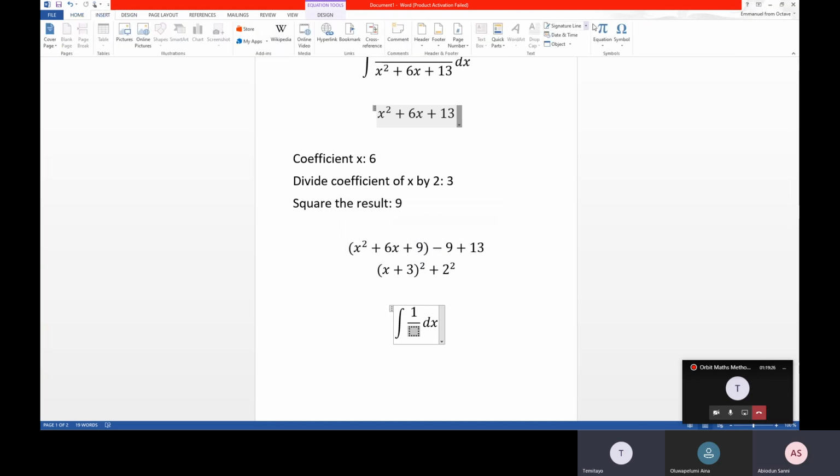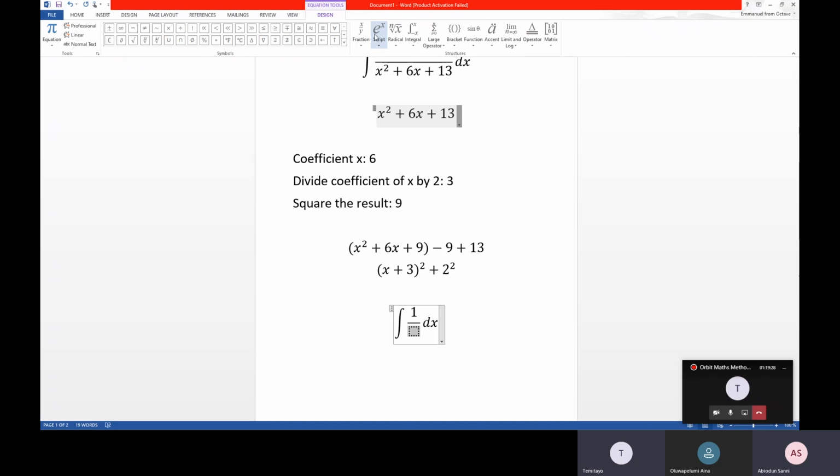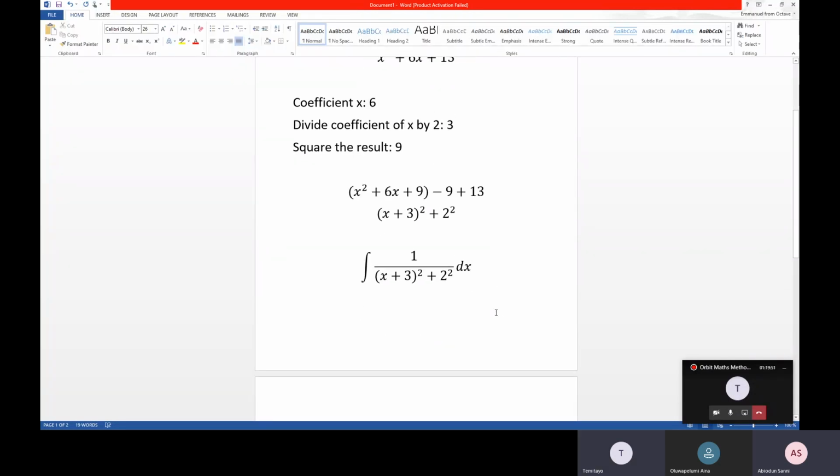Let me just write it again, let me insert it here. So this guy is going to be x plus 3 squared plus 2 squared. Do you understand this part, please?